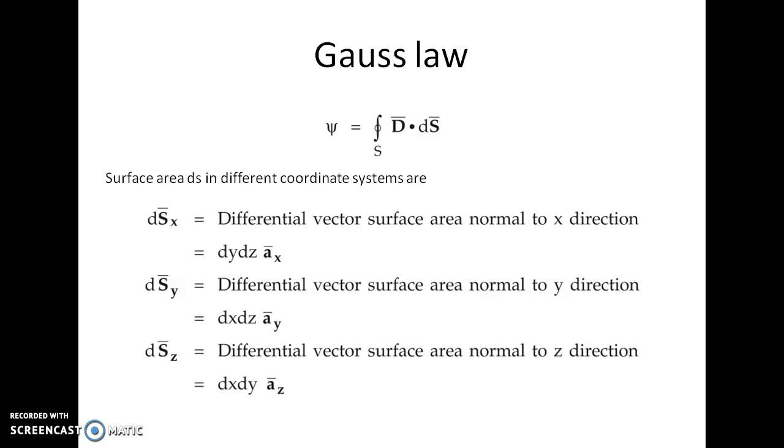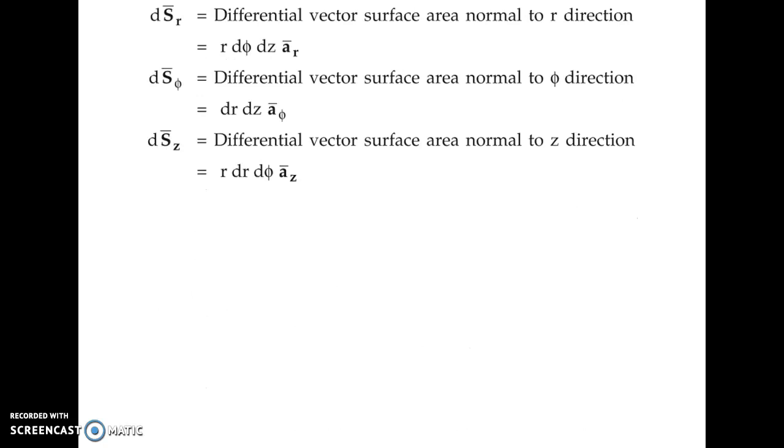Similarly, when the surface area is normal to the y axis, we can take dx dz into a_y cap, that is a unit vector along the direction of the y axis. Similarly for the z axis.